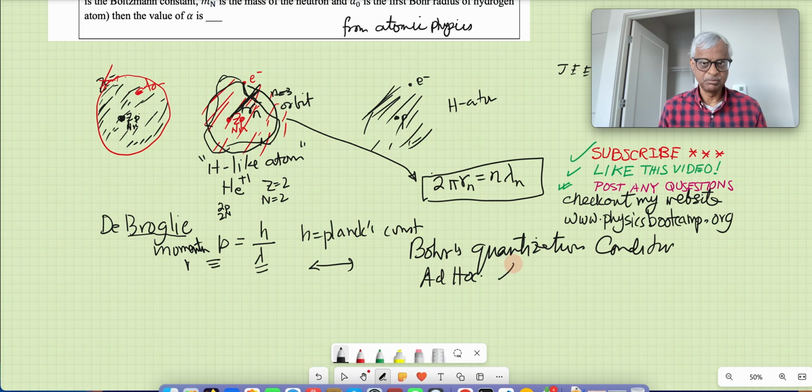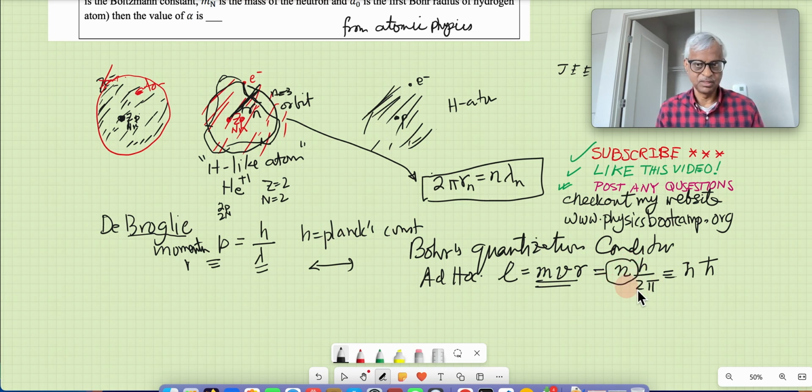Angular momentum L, for something going in a circle, is mvr. This would be continuous in general, right? Speed and radius of the electron can be continuous. He said this must be equal to nh over 2 pi, which we nowadays write as n h bar. So n has to be just integer multiples of this.